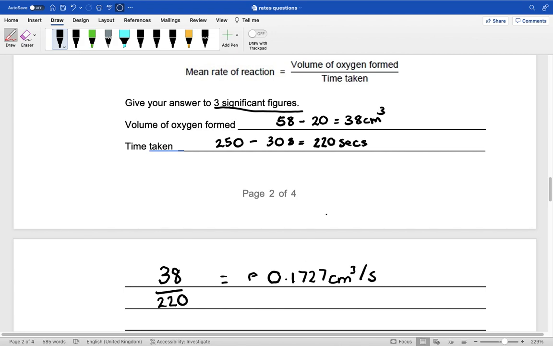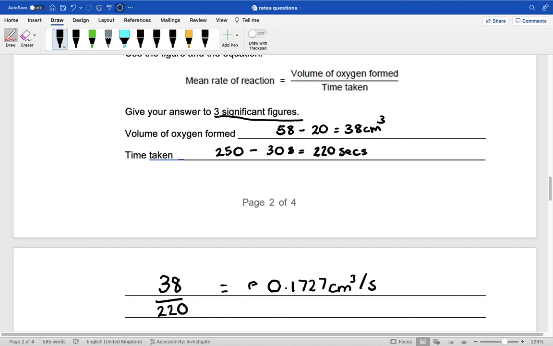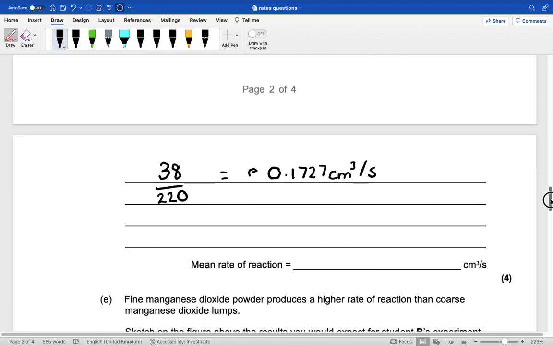Now if we go back up a little bit, it says here you must give your answer to 3 significant figures. So I would lose a mark if I didn't put this into 3 significant figures. So to 3 significant figures, I would have 0.173 centimetres cubed per second, because obviously my 3 figures are here, 0.172, but my next number is a 7.